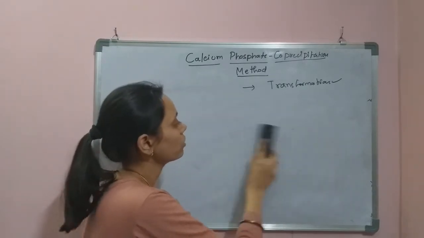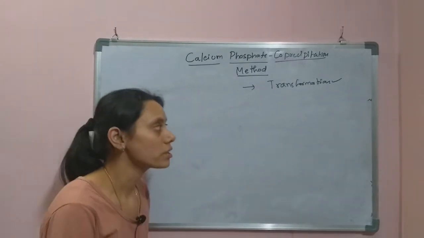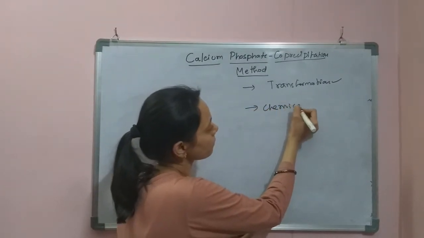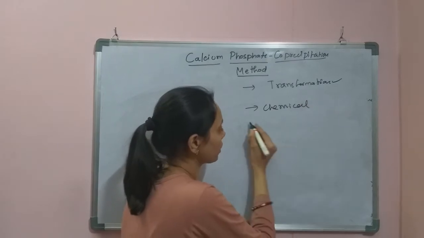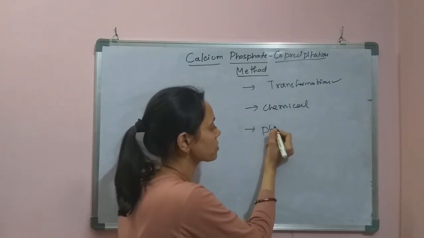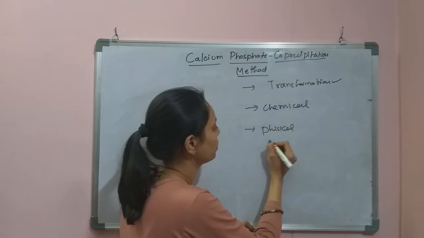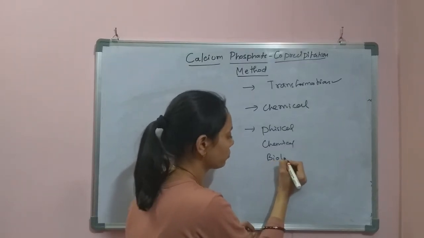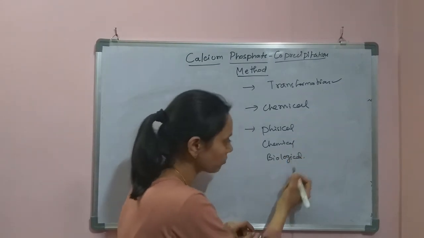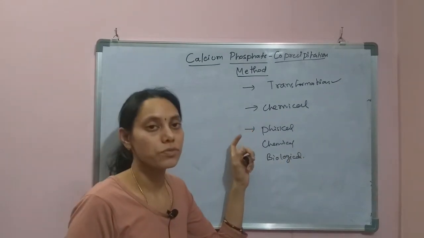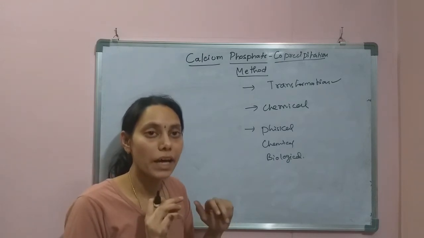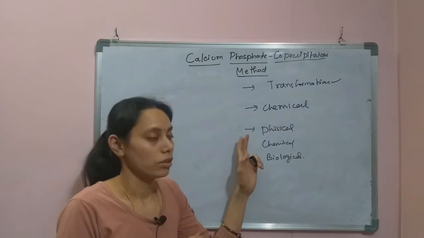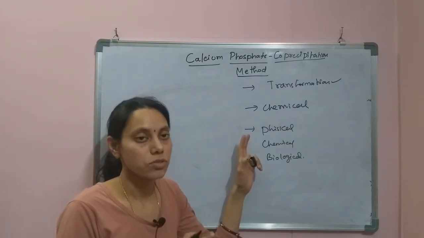This is one of the transformation techniques and it is basically a chemical method. These transformation techniques may be physical, chemical or biological. Physical methods of transformation are meant for the direct injection or introduction of the recombinant DNA into the host organism.